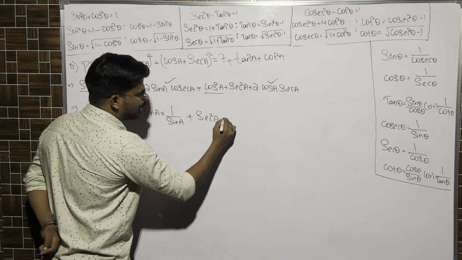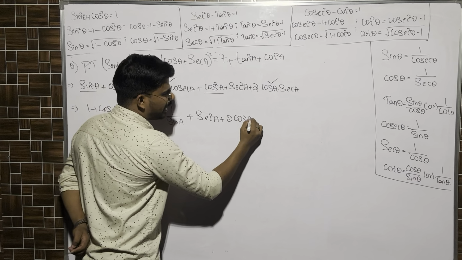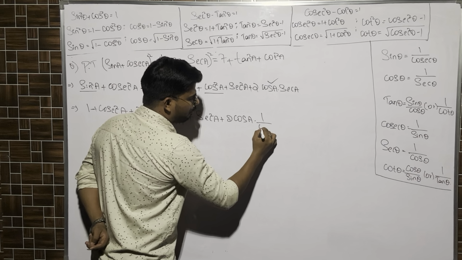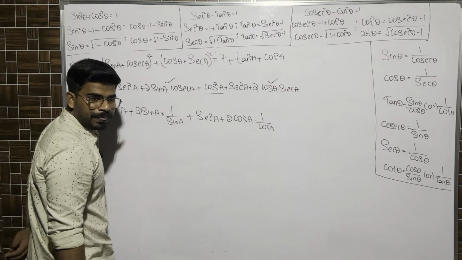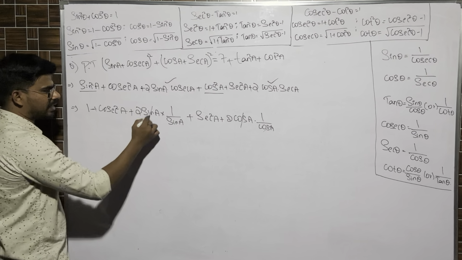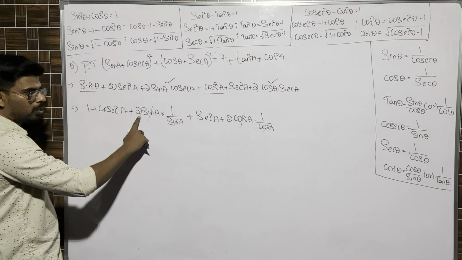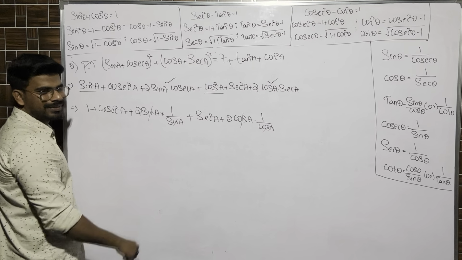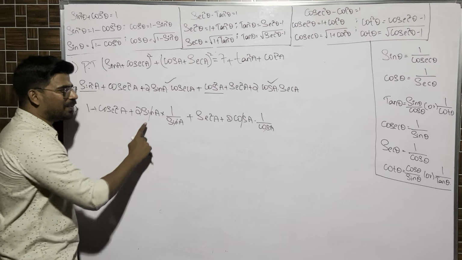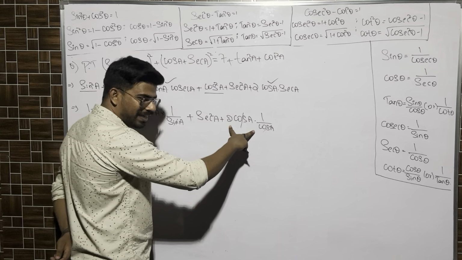Secant square A plus 2 cos A into secant A, written as 1 by cos A. This cos A will get cancelled, sin A will get cancelled. 2 into 1 is 2, and 2 into 1 here is 2. 2 plus 2 is 4, 4 plus 1 is 5. Total 5 we got: 5 plus cosecant square A plus secant square A.